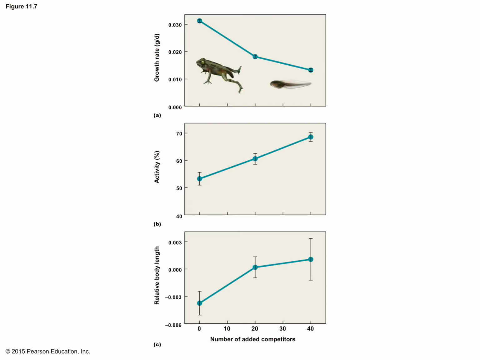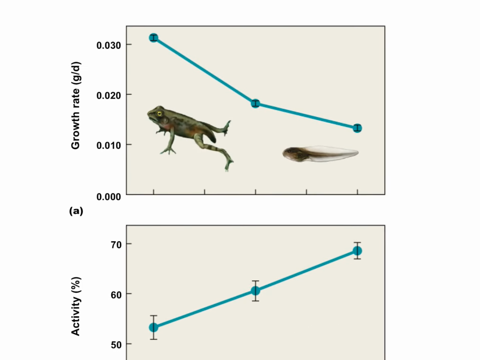All right, so take a look at this figure here. So what you see again on the x-axis is a number of added competitors, all right? So population density basically. And what we see on the very top is growth rate and how that's affected. So as our population density went up, or number of competitors went up, you see growth rate in terms of grams per day declined, okay?